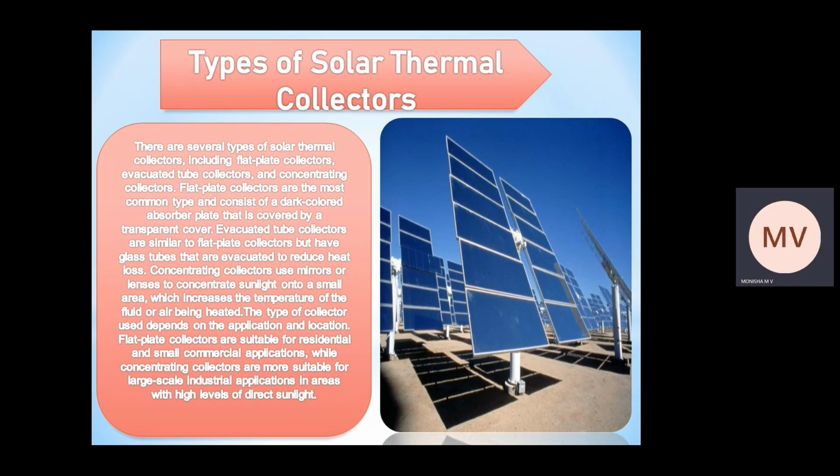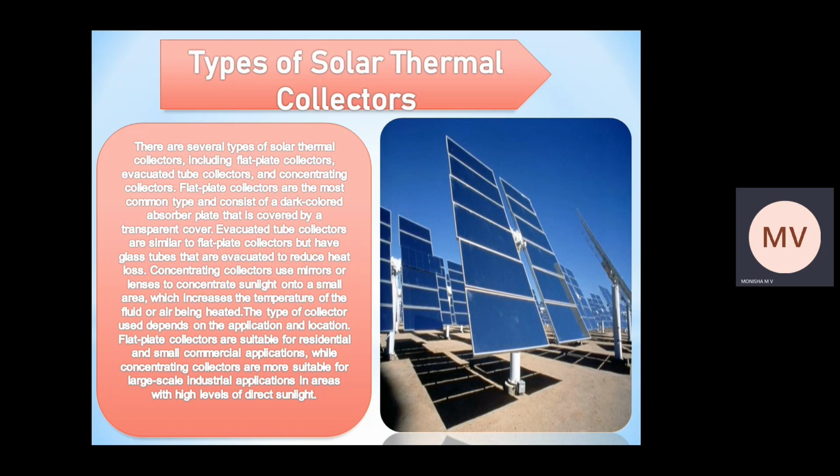The types of solar thermal collectors. There are several types of solar thermal collectors, including flat plate collectors, evacuated tube collectors, and concentrating collectors. Flat plate collectors are the most common type and consist of a dark colored absorber plate that is covered by a transparent cover.